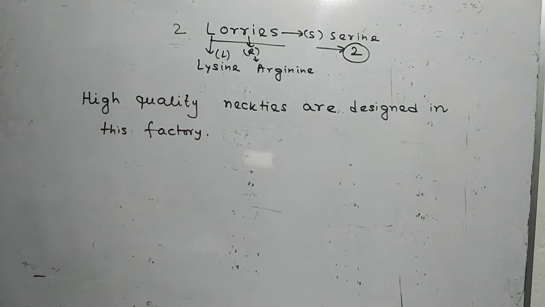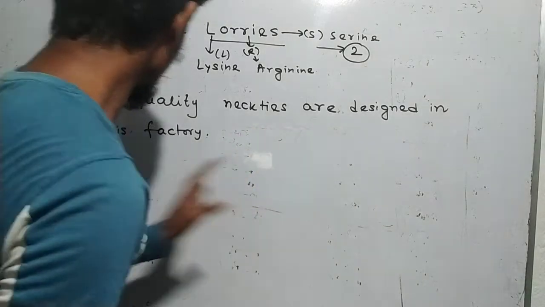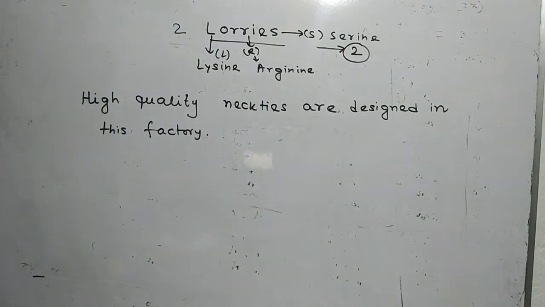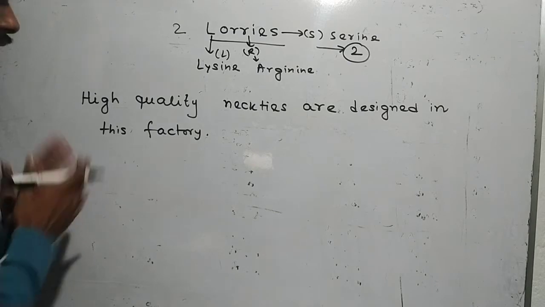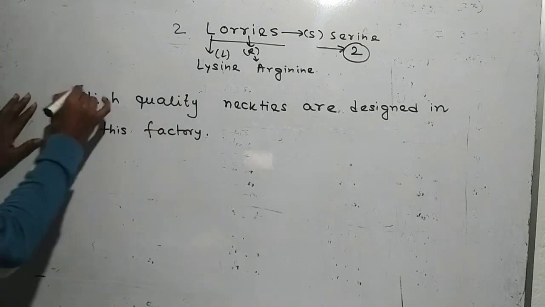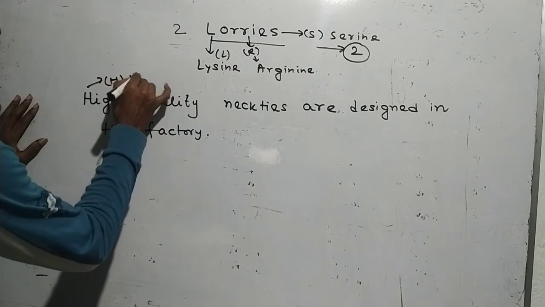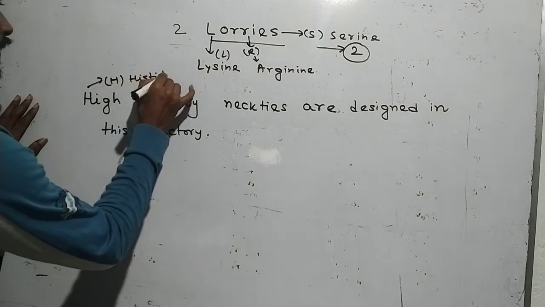In this sentence you will see that high quality neckties are designed in this factory. This sentence will help us to memorize the chart completely. Now high quality, here is H. H means histidine.